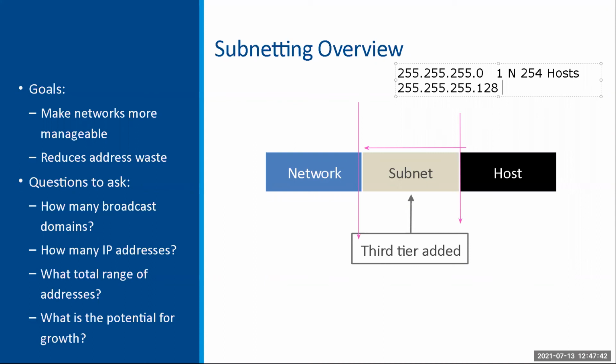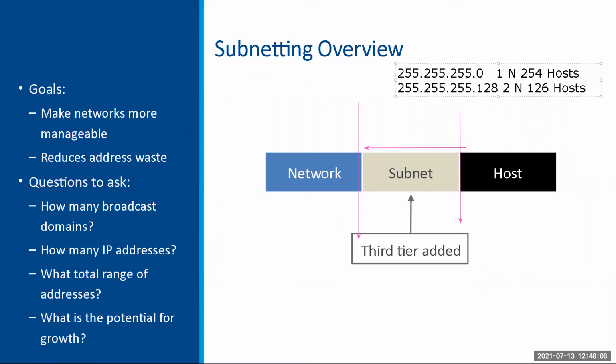And that would allow me to create 2 networks. That's what the subnet is doing, giving me the ability to add more networks, but I now only get 126 hosts.